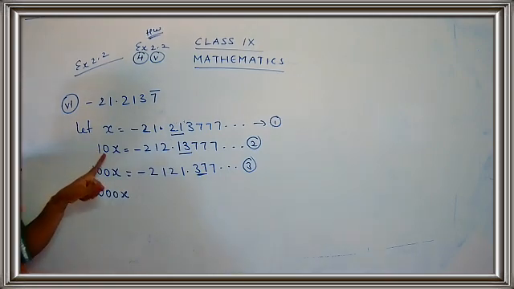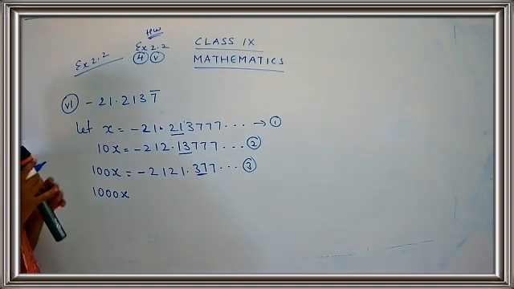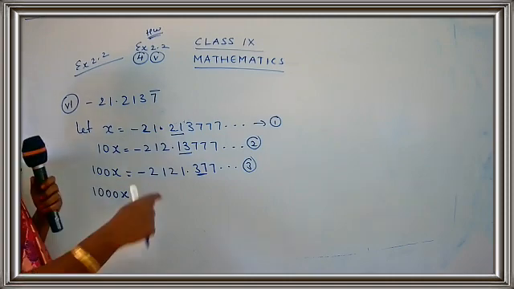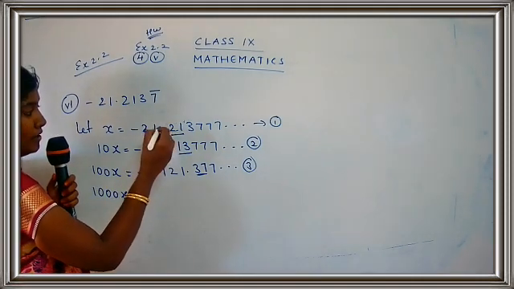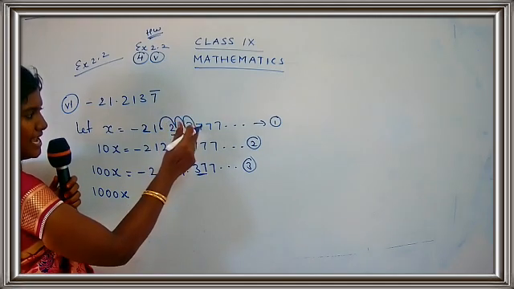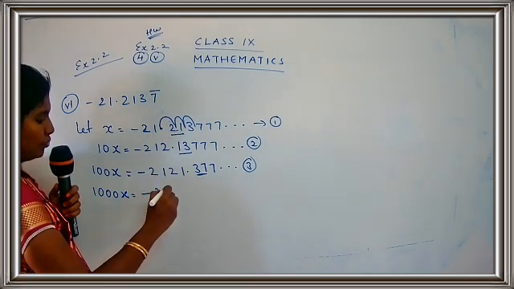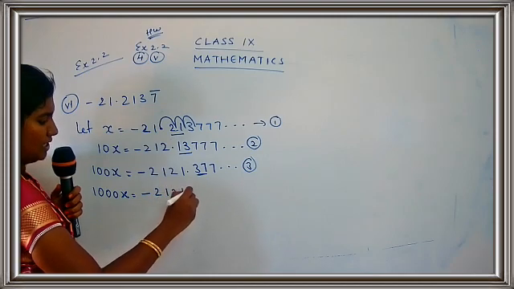1000x. I found 10x, I found 100x, now I am going to find 1000x. What is the meaning of 1000x? You are going to shift the decimal point 3 places. So here is the decimal point. 1, 2, 3. Yes, it's going to come here. So write down minus 21213.